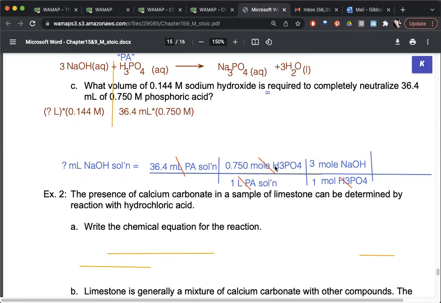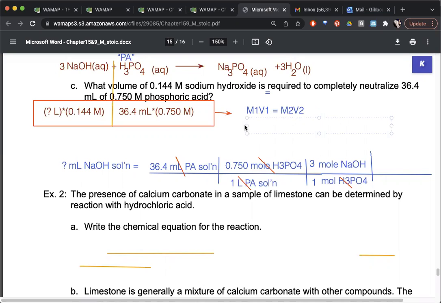Here we're changing from phosphoric acid to sodium hydroxide. We're looking for milliliters. So you might take a look at this formulation right here, and what does that make you think of? When we have a molar equivalent, you might be thinking of that dilution equation, M1 V1 equals M2 V2.